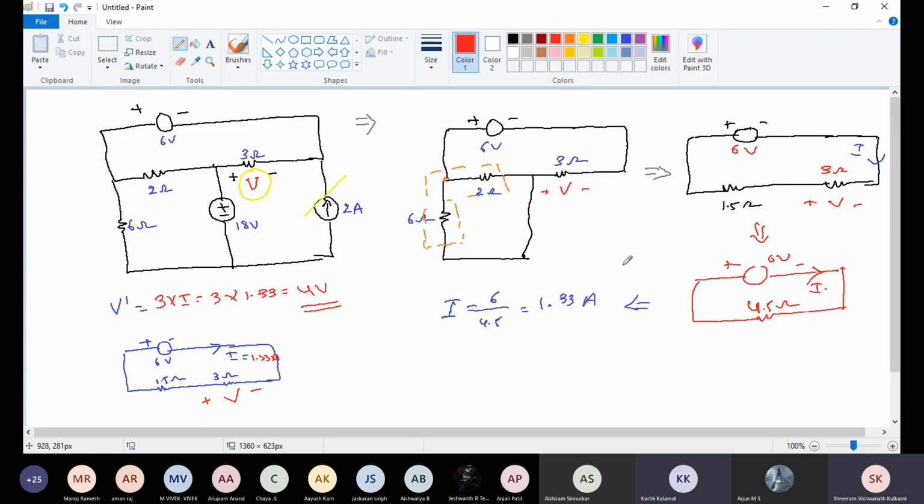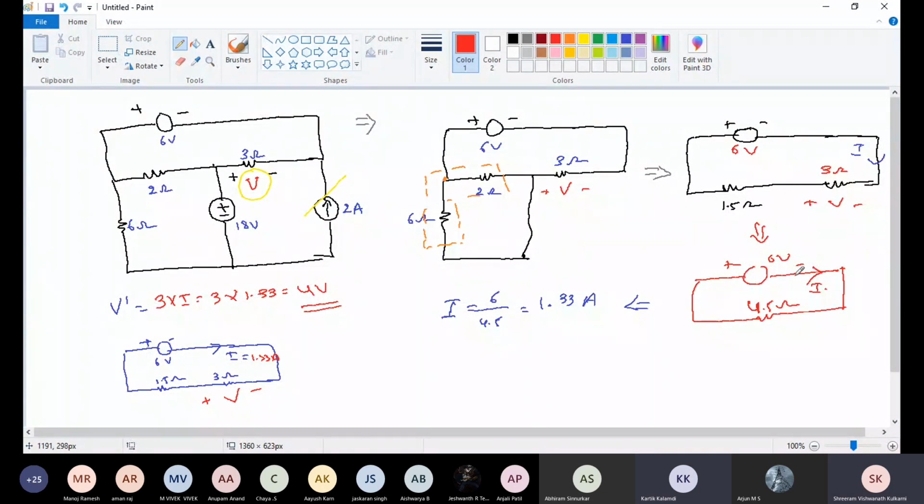Sir, in figure 3, you took the current in reverse. It should be from positive to negative, sir. In the 6 volt source? Yes, sir.